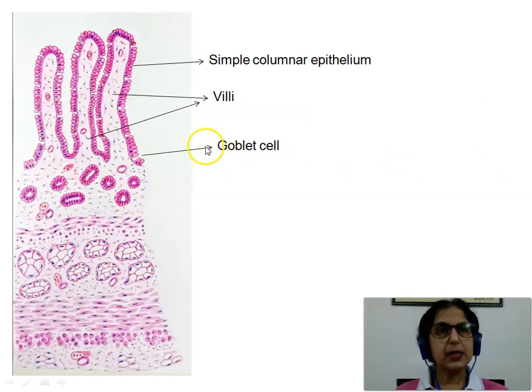This is the same diagram where we see the lining epithelium. The lining epithelium is made up of simple columnar epithelium, and in between them we see few goblet cells. And what we see here, the mucosal projections that contain the lamina propria as core, these are the villi.